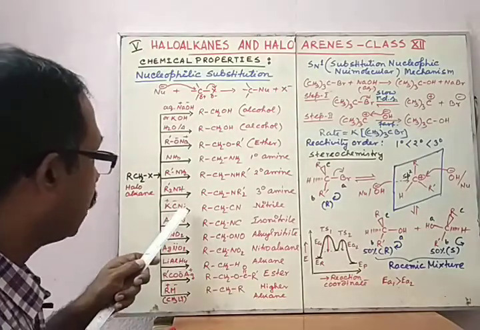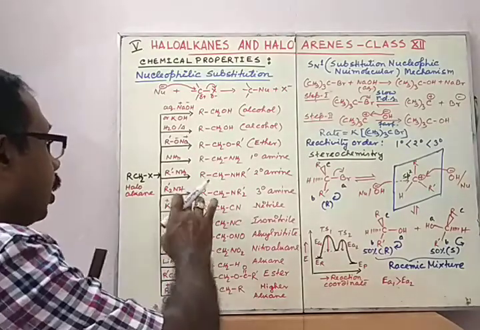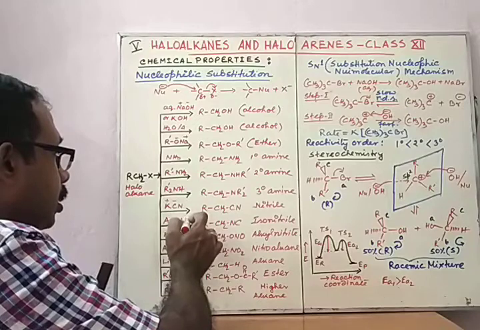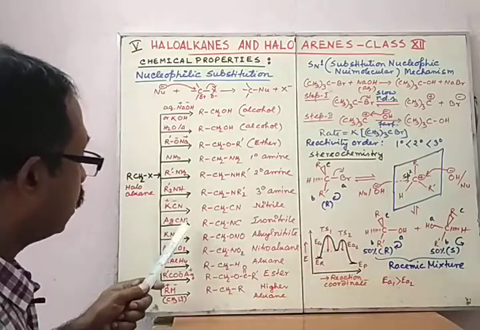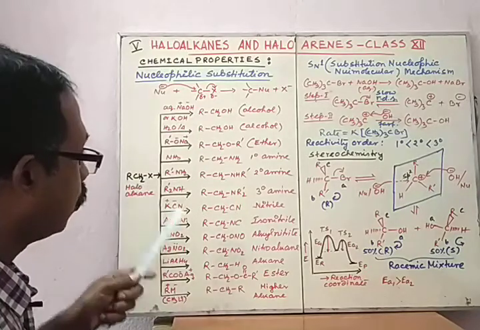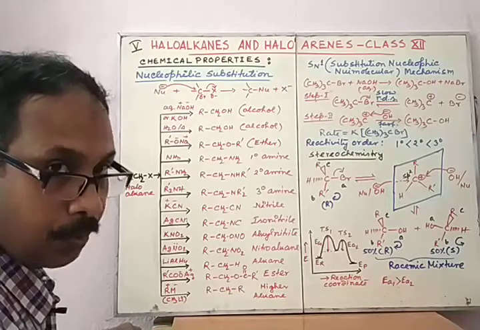So the nucleophilic center is now nitrogen, and therefore the product is isocyanide, that is, linking through this nitrogen is taking place with this CH2 group. So isonitrile, isocyanide, is the product.